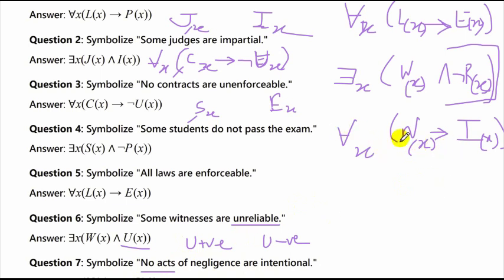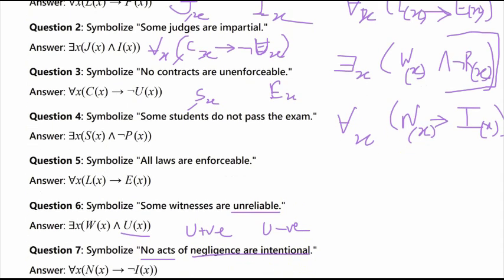For all x, there exist acts of negligence. So negligence basically is not intentional. That is what they are saying. Okay, let's look at the answer. So it's negated. It's not intentional.